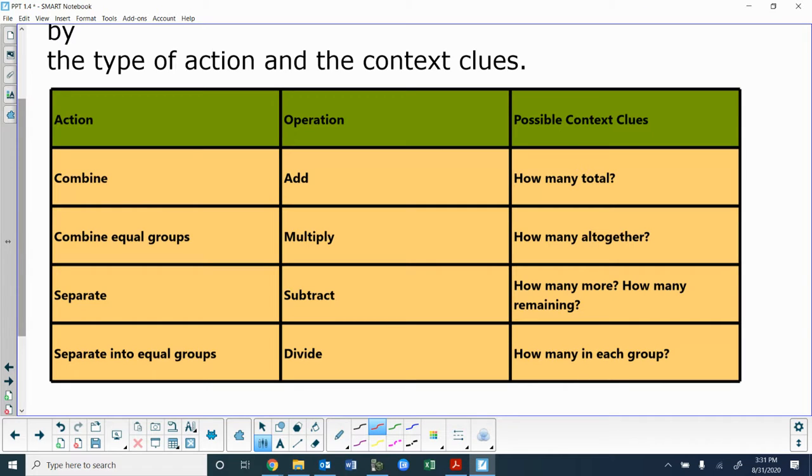If you're combining groups, you're multiplying, how many all together. You're going to separate stuff, you're going to subtract things, how many more or how many remaining. Separate into equal groups, that's division, how many in each group. So you're going to have to pay attention to context clues to figure out if you're going to add, multiply, subtract, or divide.